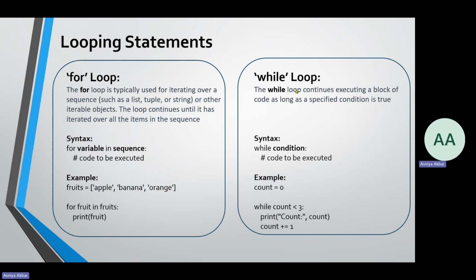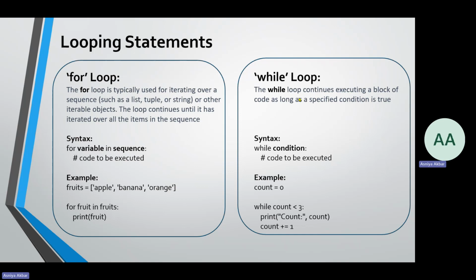Then we have another loop, which is the while loop. Whenever the Python interpreter comes to the end of the sequence, and this sequence can be anything, a list, tuple, string, etc., the looping is going to stop.